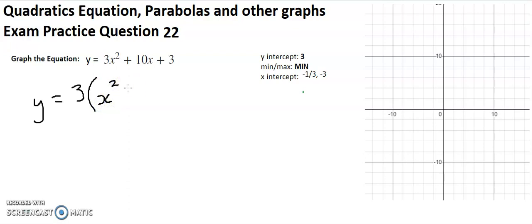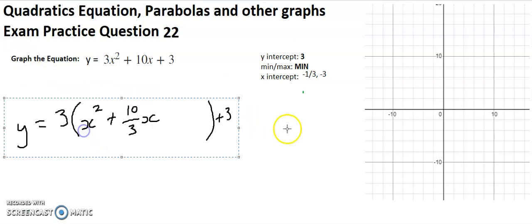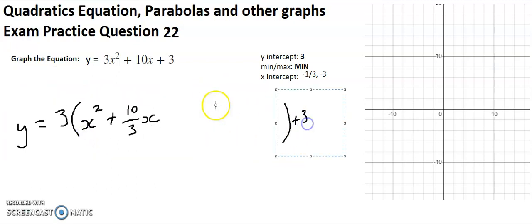If I factor out my 3 from the 10, it's 10 divided by 3x. I'll leave a bit of space for now and put plus 3, and my brackets on. I've left space for a reason, because what I want to do is think about what is half of b.